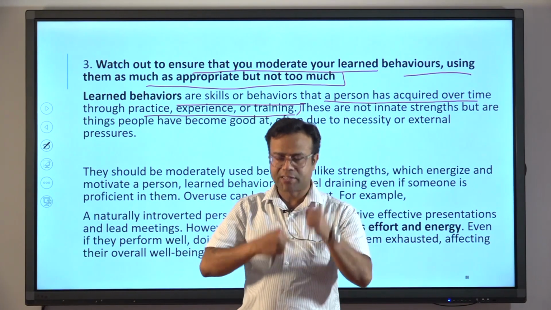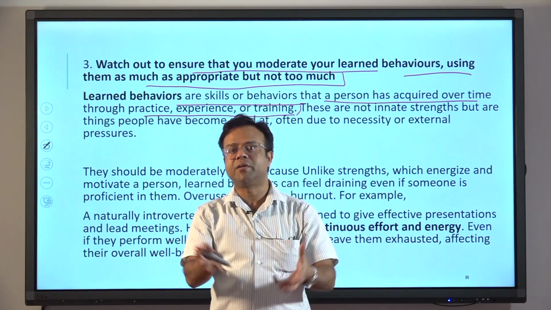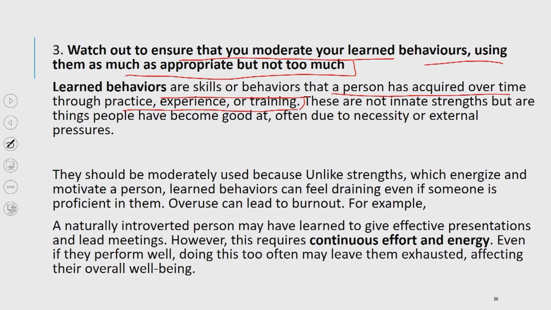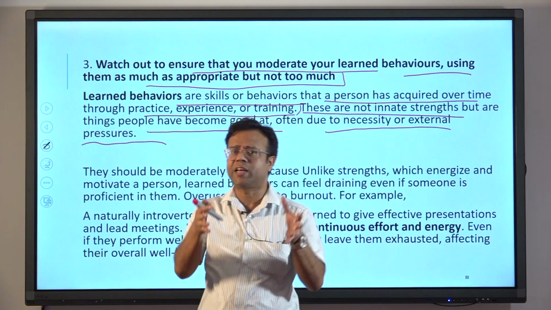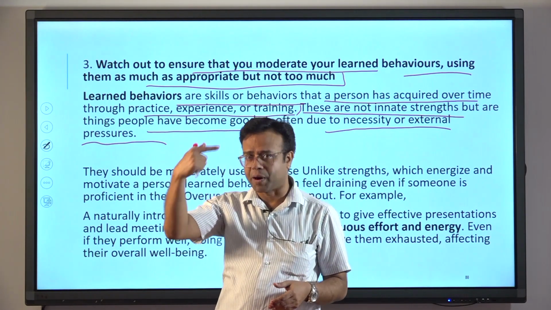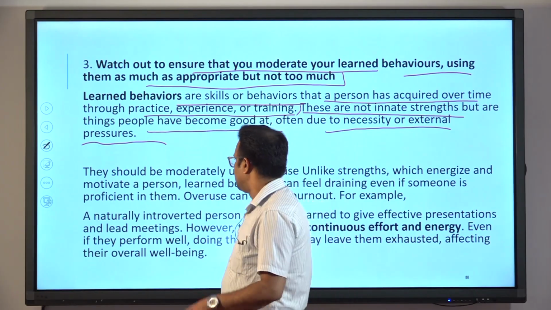So they learn it, practice it, develop it. These are called learned behaviors. They are not innate strengths. A person may not be naturally good at these things, but they learn them because it is required. They are things people have become good at by practicing, often due to necessity or external pressures. A lot of new skills are learned when people are placed in a job because it is part of the requirement of the job.